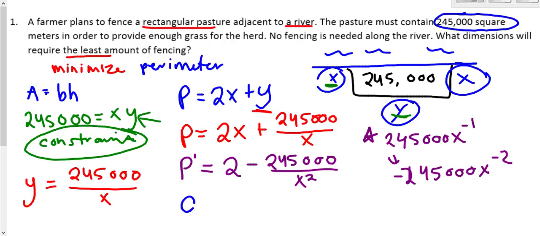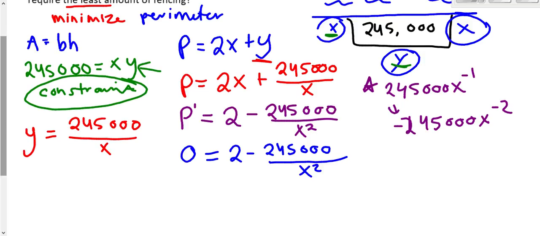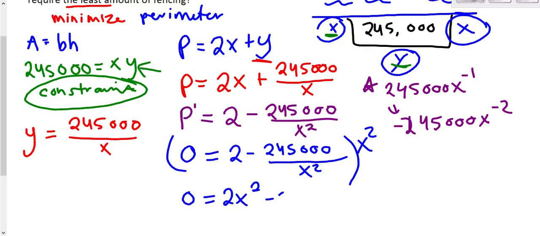Now we need to find our critical numbers. We find our critical numbers by setting this equal to 0, 2 minus 245,000 over x squared. And right now this is difficult to solve for. So let's get that x squared out of the denominator. Multiply everything by x squared. 0 times x squared is 0. 2 times x squared is 2x squared. And the whole point of this, the x squareds will cancel here, and we'll just have minus 245,000.